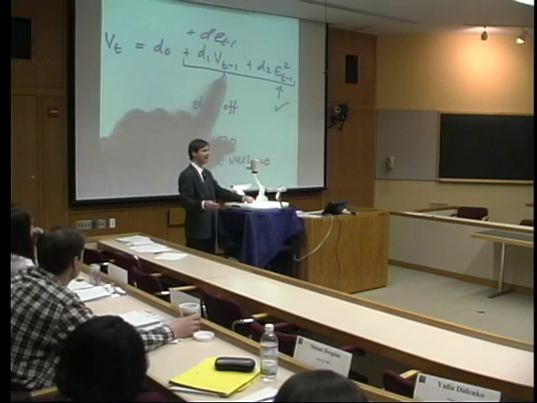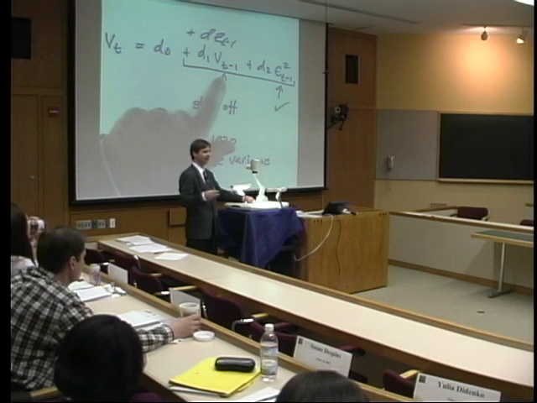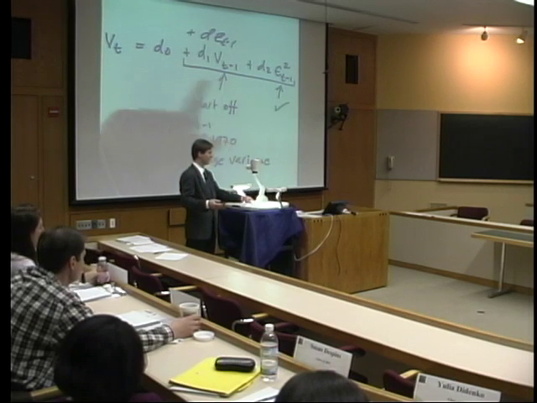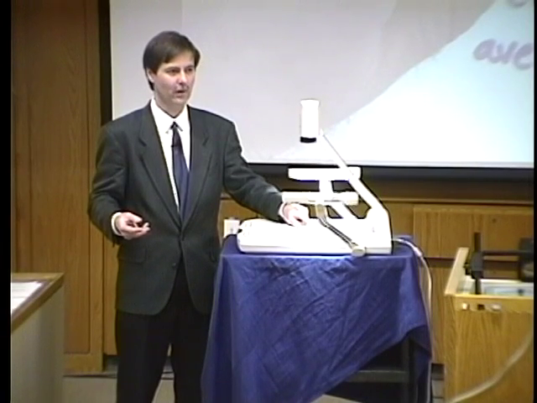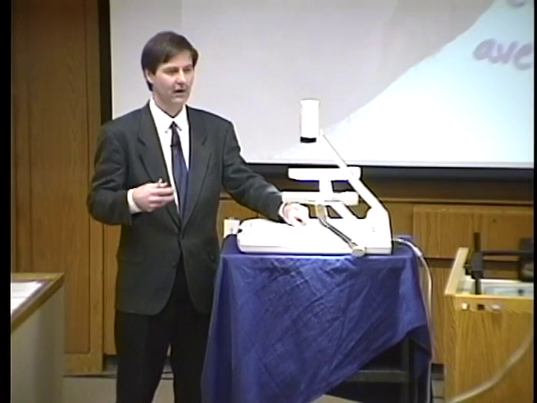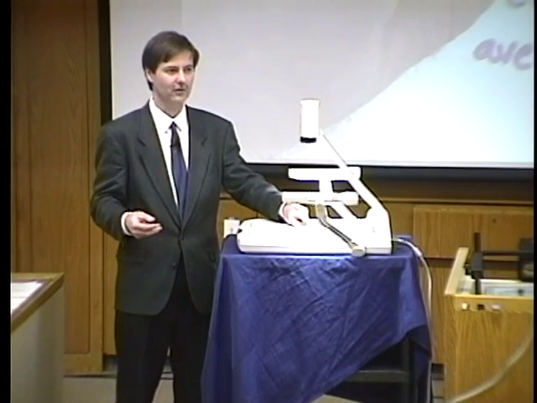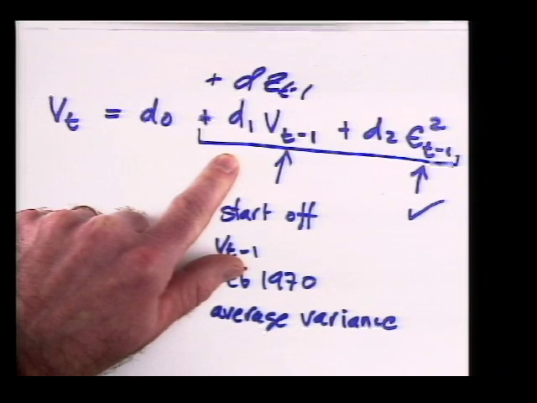Then I plug it in again to get V_{t+1}, and the variance is going to explode. It's going to go to infinity if we go enough periods out. That's why he said it's very important to have this D1 being less than 1. So we get some mean reversion, and the longer horizon forecast will actually approach the long-run, unconditional variances.